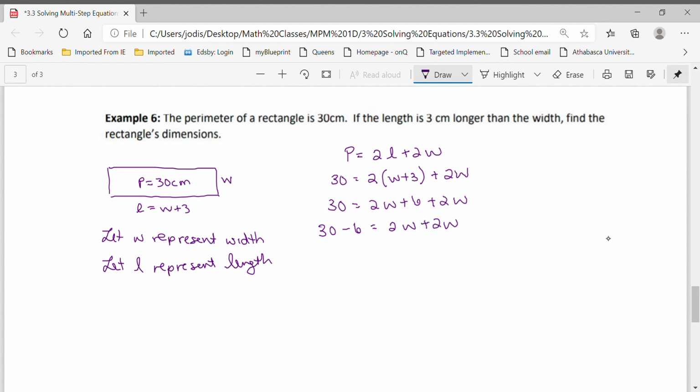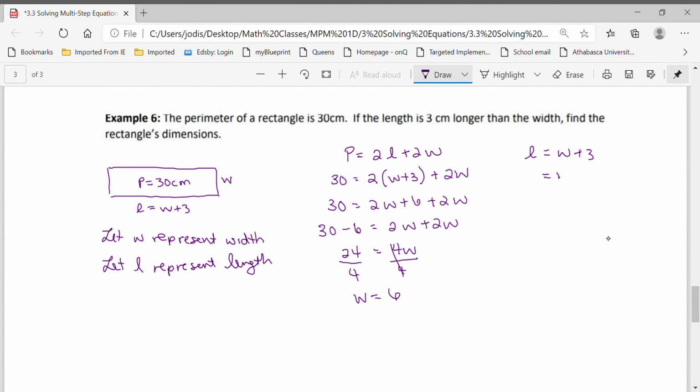Okay. So 30 minus 6 is 24. 2W and 2W is 4W. Divide by 4, W equals 6. So they want us to find the rectangle's dimensions. So in this case, we need to figure out what length is, because length was W plus 3.